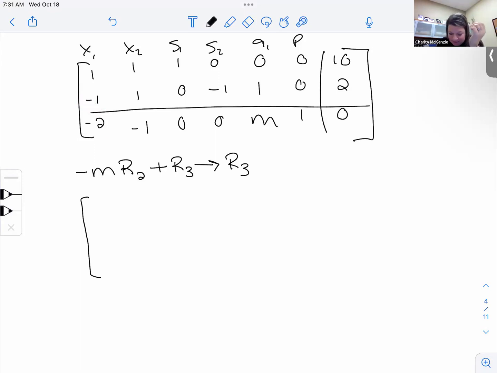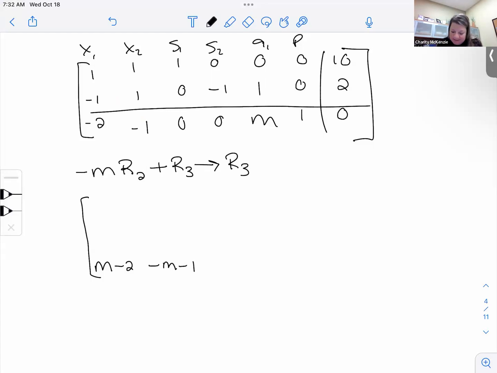Well, you can't combine those. So it truly is M minus 2, which is fine. The next one would be 1 times negative M, which is negative M, minus 1. So I'm going to have negative M minus 1.